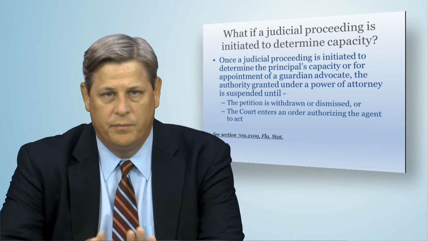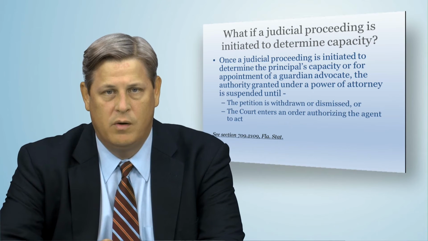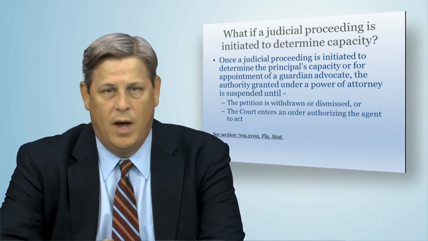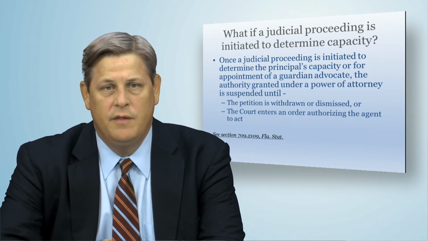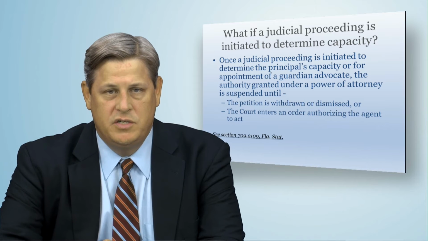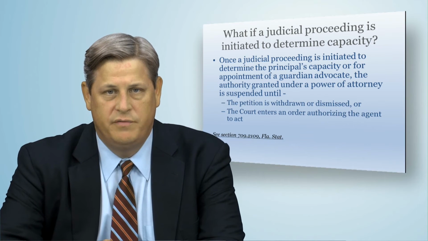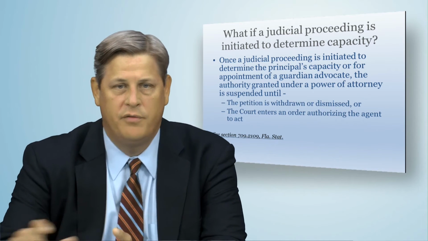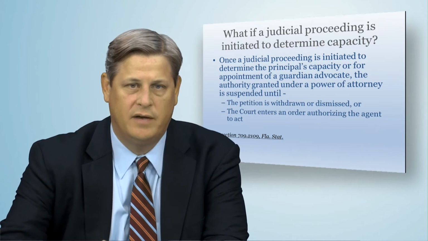Now, I know that is contrary to what the durable power of attorney says, but while this proceeding is pending, the durable power of attorney is suspended until the petition for determination of incapacity is withdrawn or dismissed, or alternatively, the court has entered an order authorizing the agent to continue to act.